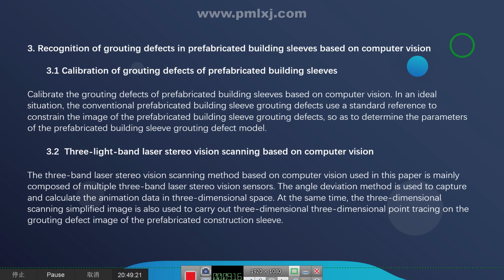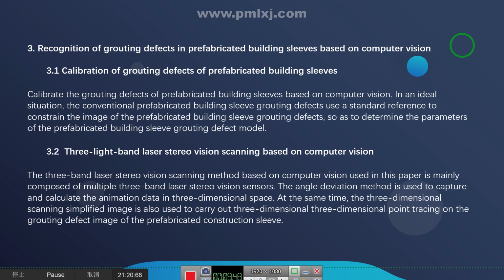3.2 3-beam laser stereo vision scanning based on computer vision. The 3-beam laser stereo vision scanning method based on computer vision used in this paper is mainly composed of multiple 3-beam laser stereo vision scenarios.